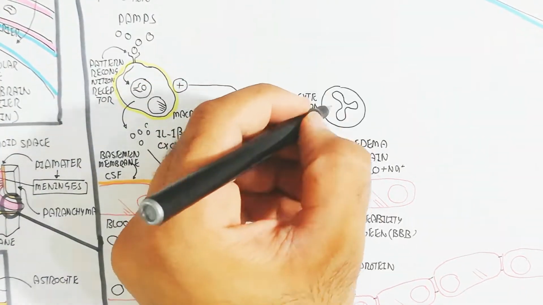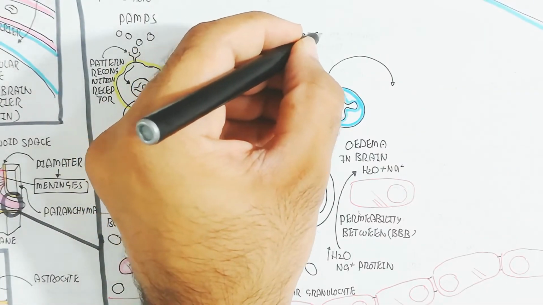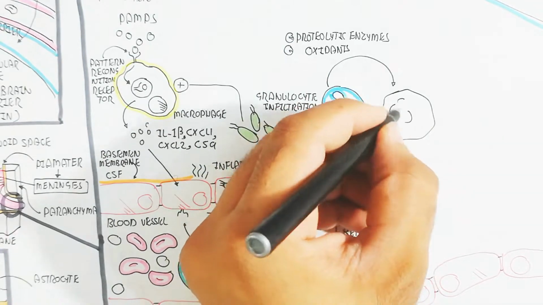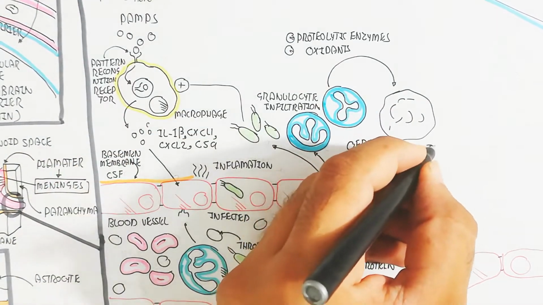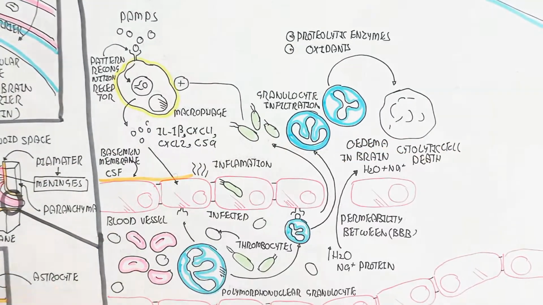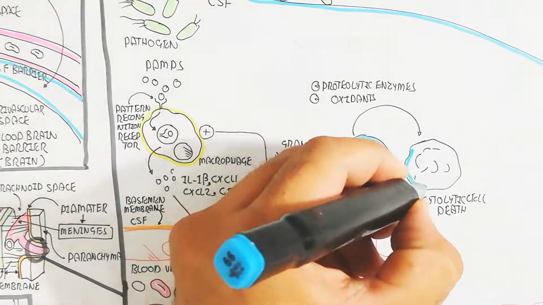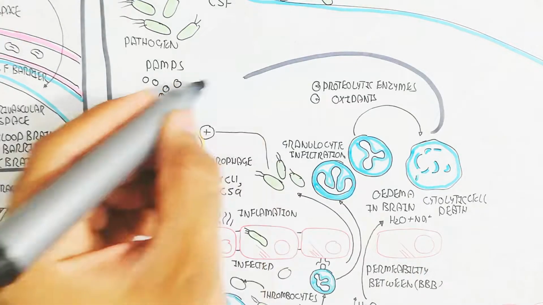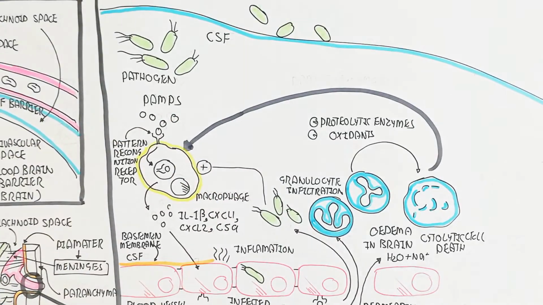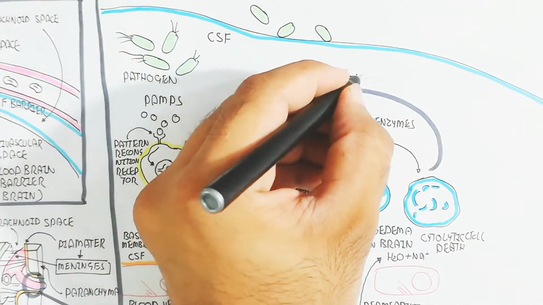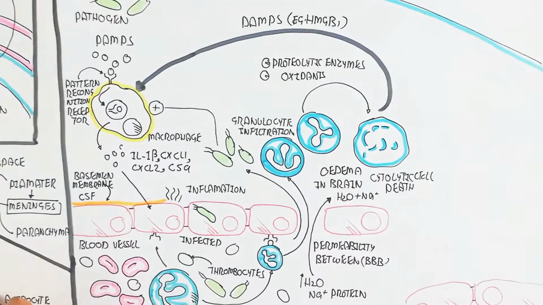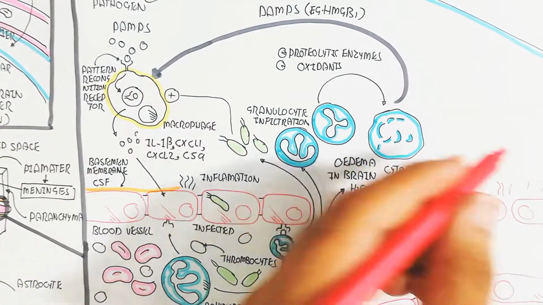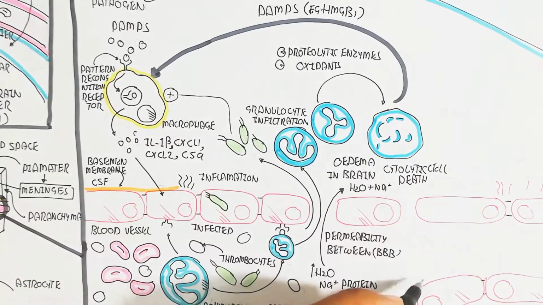And this granulocyte infiltration of the pathogen and other debris, with proteolytic enzymes breaking things down and oxidants produced, will lead to cytolytic cell death, apoptosis. Erythrophagocytosis also occurs due to the macrophage, while on the other hand the death-associated molecular pattern, for example HMGB1, is taken up by a macrophage.